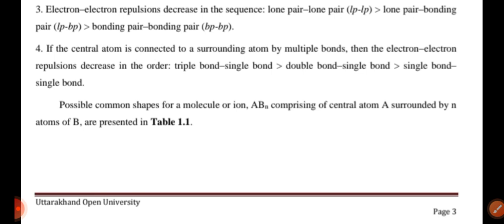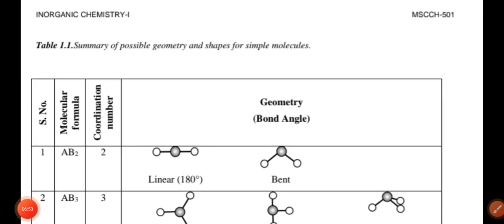Possible common shapes for molecules or ions AB_n, comprising a central atom A surrounded by n atoms of B, are presented in Table 1.1, a summary of possible geometries and shapes for simple molecules.